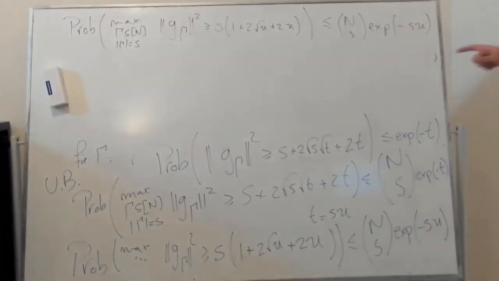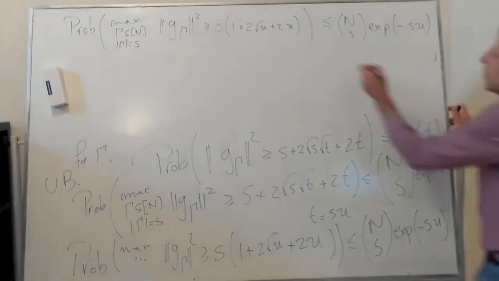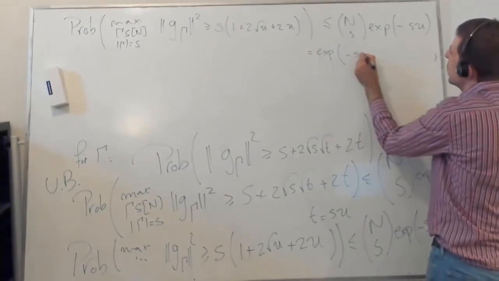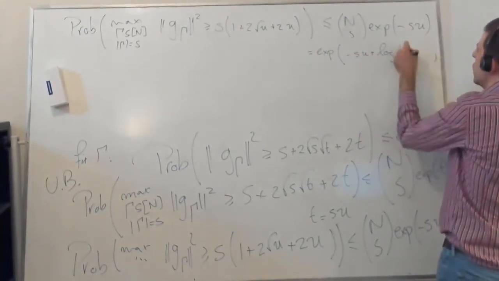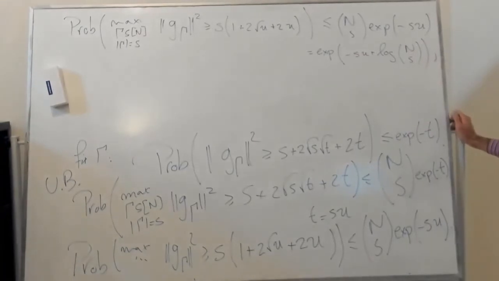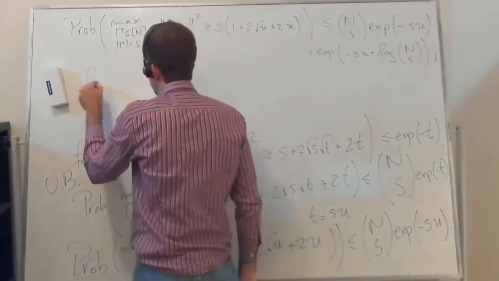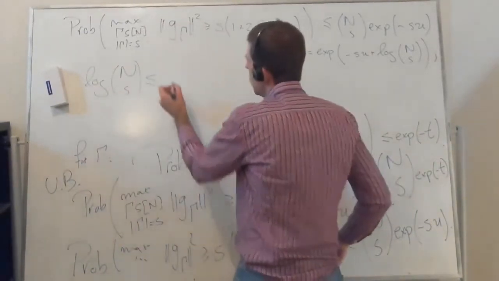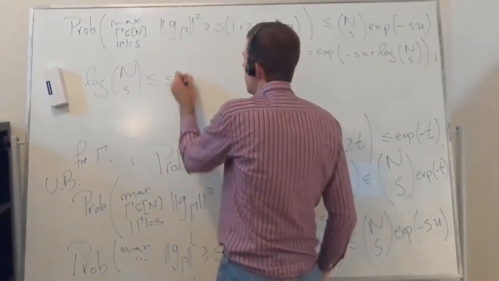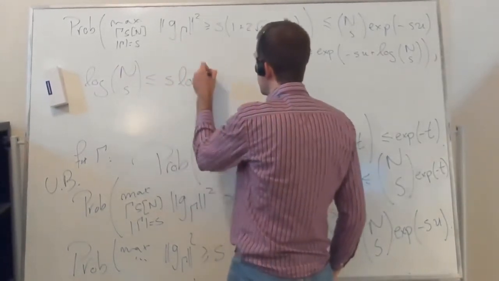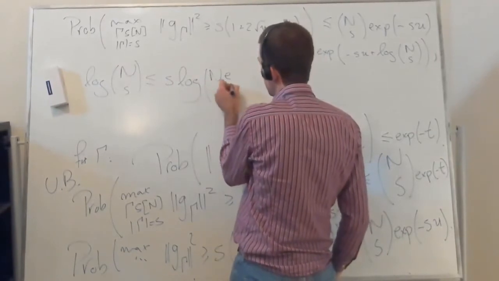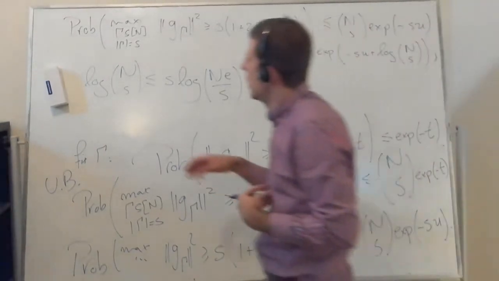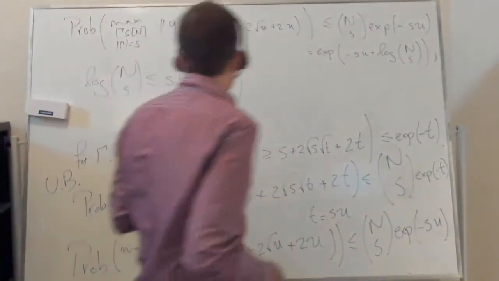Now a standard thing is to move the n choose S inside the exponential. This is the exponential of minus SU plus log of n choose S. Now it's a standard trick that the log of the binomial coefficient, you can see this via Stirling, is essentially S log n over S. If you want it exactly smaller or equal, then you need to put an E here, but this E is like nothing, E as in the base of the exponential.